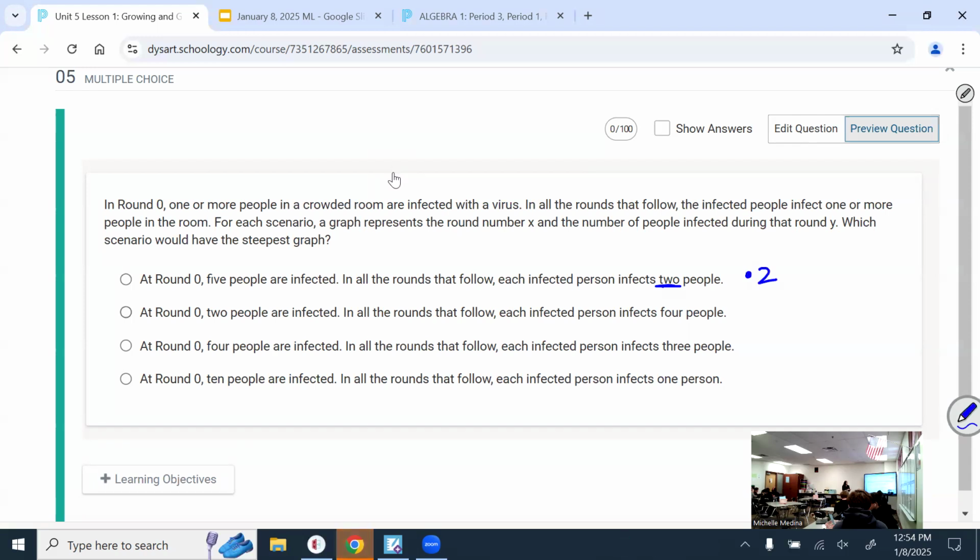If they are each infecting 4 people, that's like multiplying by 4. In this one, they are infecting 3 people, so that's multiplying by 3 each time. And in this one, they're each infecting 1 person, so it's multiplying by 1 each time.